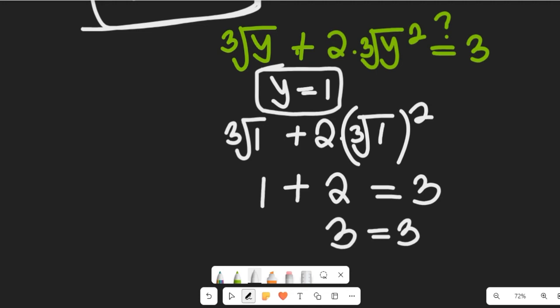Now let's try the second one. We have y equal to negative 27 divided by 8.